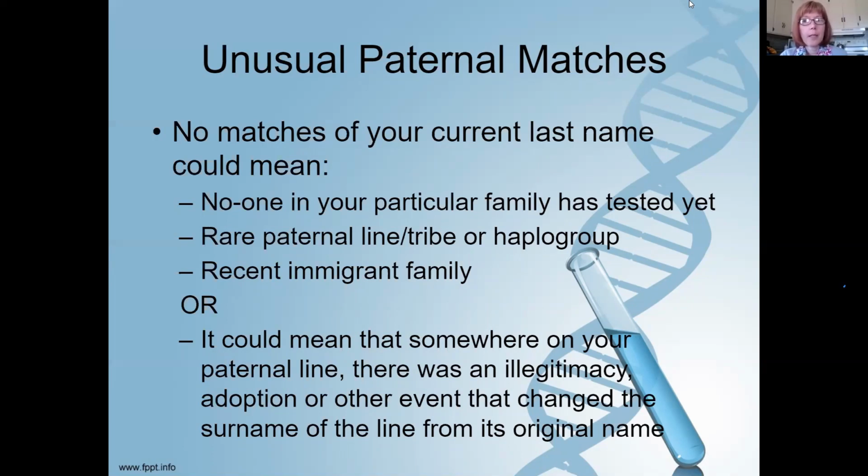And I don't know how popular DNA testing is among people in India. Probably not very popular. So that would be why a person from a recent immigrant family might not have very many matches or any matches at all. It could definitely mean that there was an adoption somewhere in your family line, a child that was born out of wedlock. That could be, but it's not necessarily the first conclusion you want to jump to.